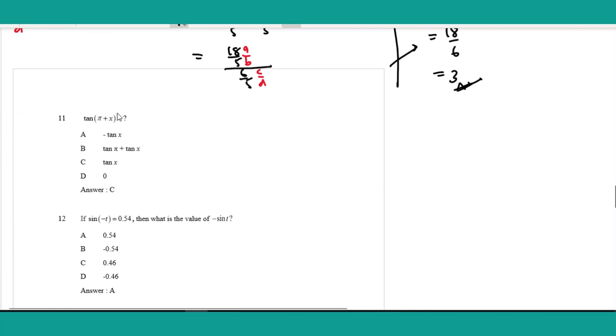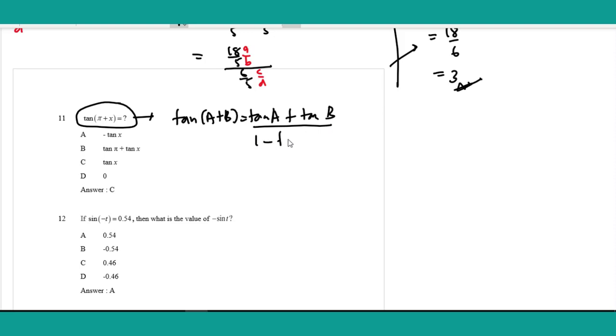Okay, for number 11, given tangent of pi plus x. This one you need to use the compound formula. Tangent of A plus B is equal to tangent A plus tangent B over 1 minus tangent A tangent B. So A is equal to pi, B is equal to x.